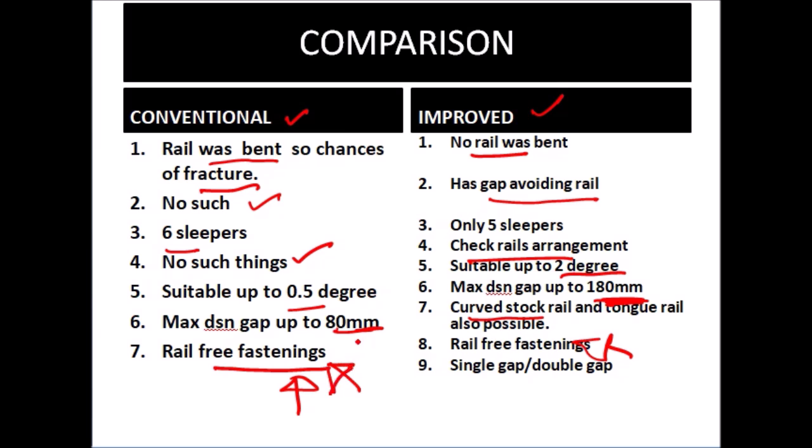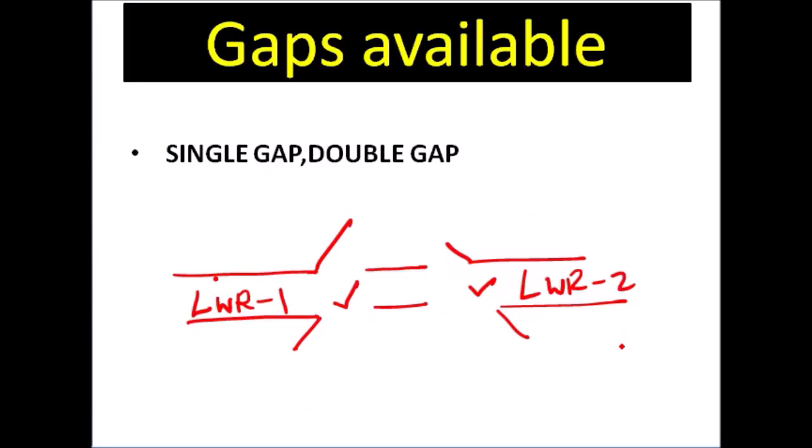So this is the basic idea of SEJ. If you don't provide rail free fastenings, then the rail is not allowed to expand freely. One more extra thing in improved SEJ is single gap and double gap.